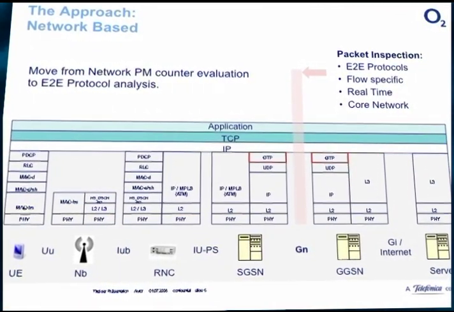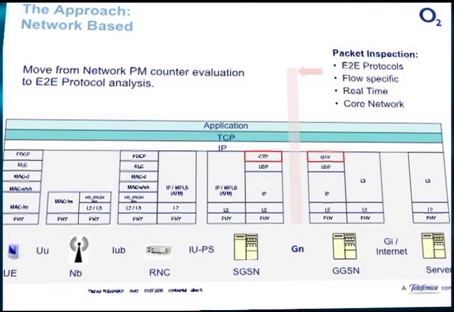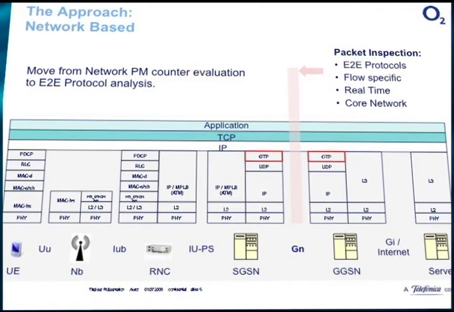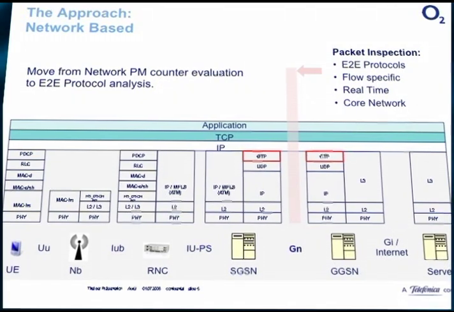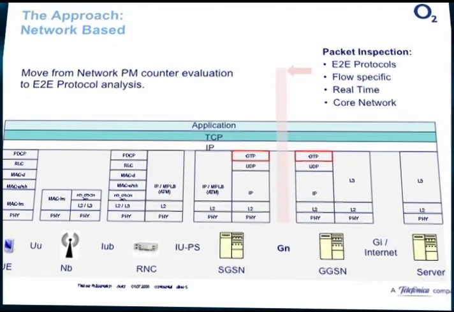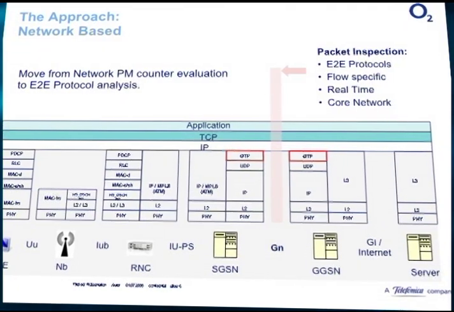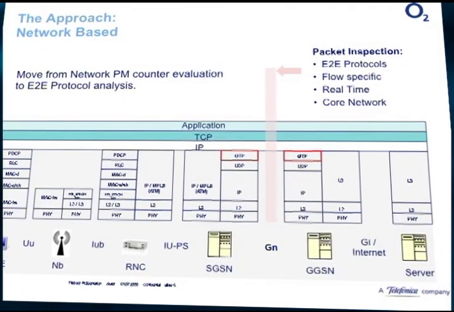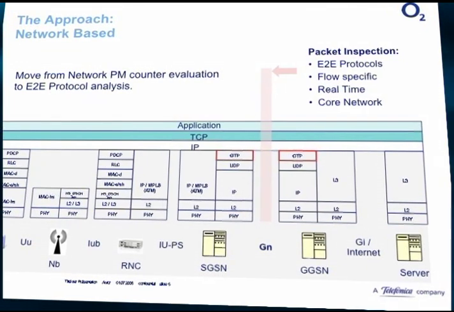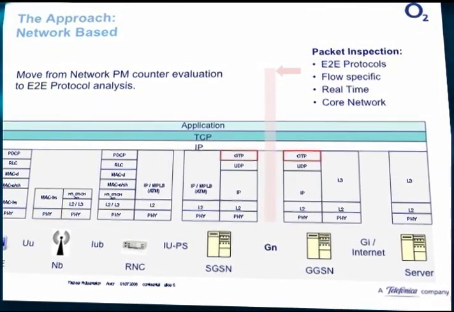So typically, and this has been shown by many presentations so far, the best place here is the Gn interface, mainly for 2 reasons. It's a central part of the network and also in between the GTP protocol, which also shows some information on network topology.